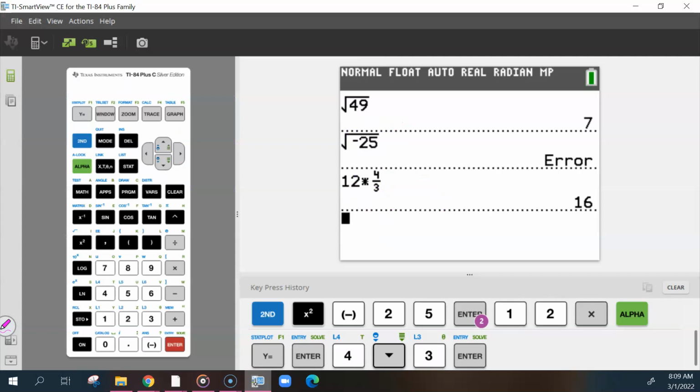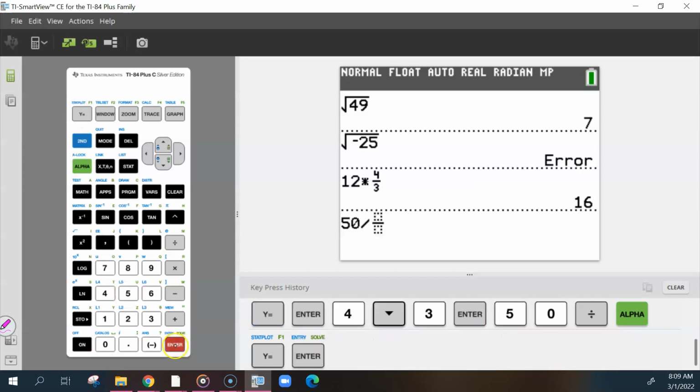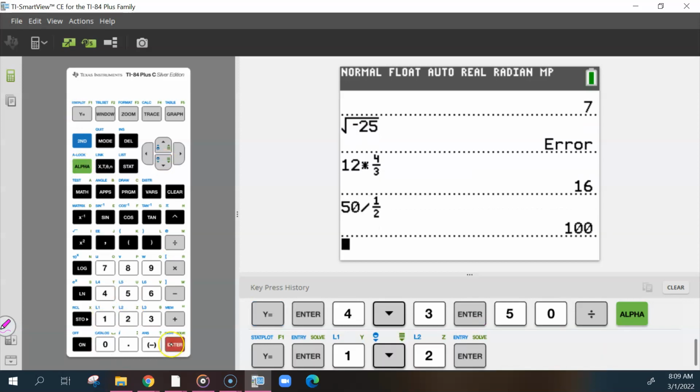So we know 50 times 2 is 100. If I did 50 divided by the fraction 1/2, you're going to get the same thing. Because what the calculator is really doing is taking this, flipping it, and multiplying it.